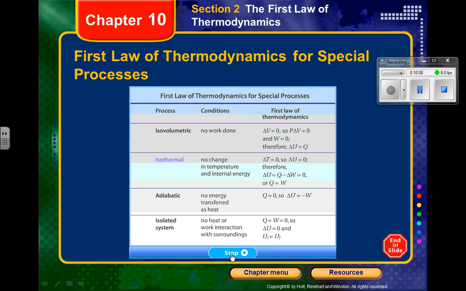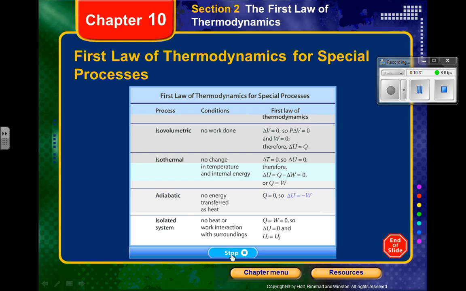Isothermal means same temperature. There can be no change in the internal energy of a system. The energy transferred to the system as heat may be removed as work done by the system, or the energy added to the system as work done on it may be removed from the system as heat. In an adiabatic process, there is no transfer of energy as heat.